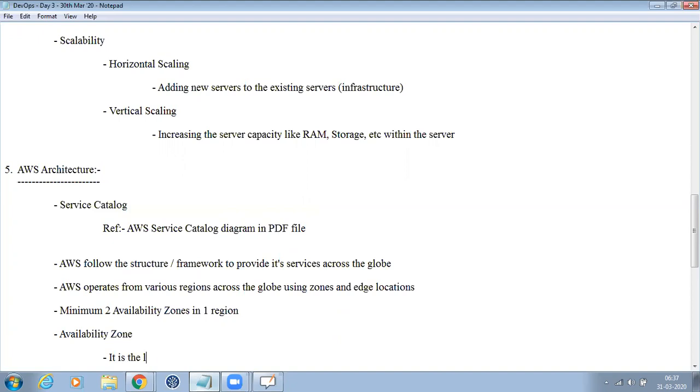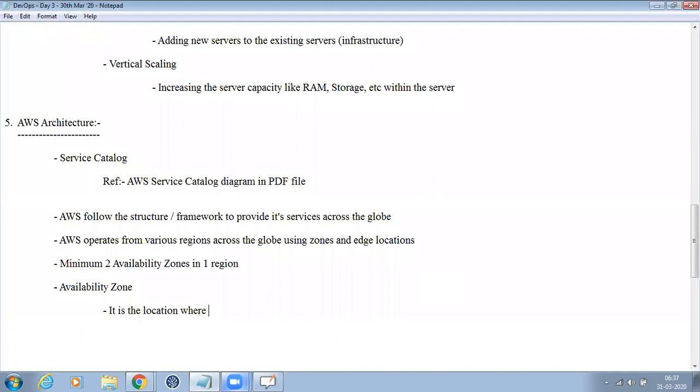It is the location where exactly the physical computers or servers are available. Nothing but our data centers, right?